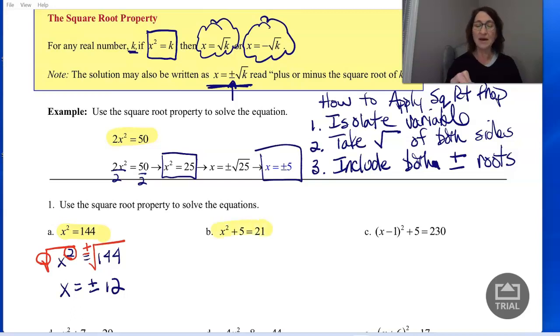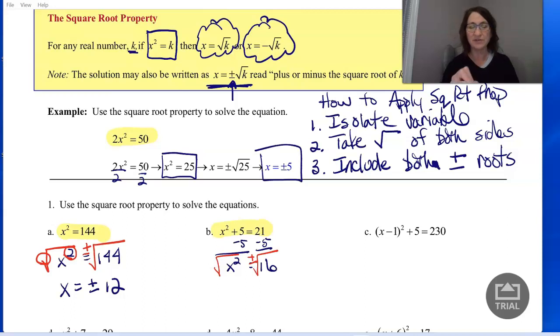All right, let's look at b. For b, we have to first isolate that variable of x squared. And we do that by subtracting 5 from both sides. So I get x squared is equal to 16. Now I want to go ahead and take the square root of both sides, looking for both the positive and negative roots.